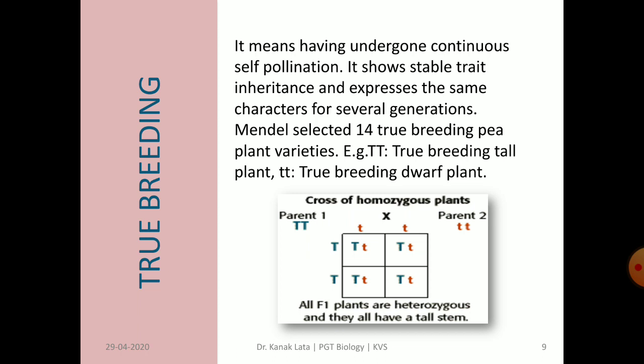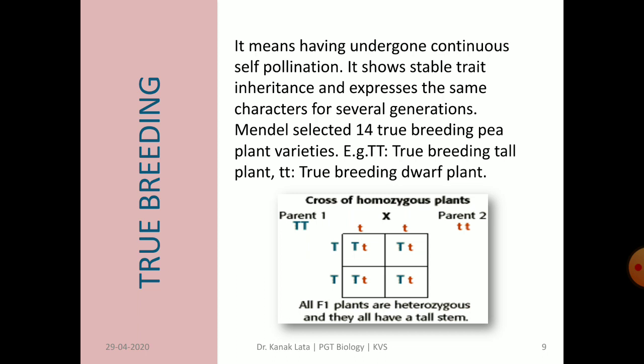Now we will study true breeding. When pure line characters are obtained for several generations due to self pollination, it is called true breeding. True breeding may be dominant or recessive.